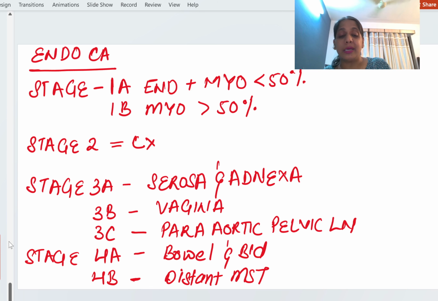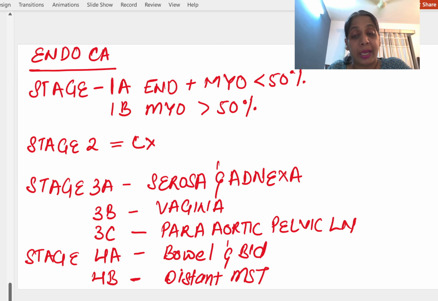Endometrial cancer staging. First, if it is limited to endometrium and myometrium, stage 1A is less than 50%. The mode of spread is direct spread, that is organ to organ. 1A is endometrium and half of the myometrium. 1B is myometrium more than 50% involved. Stage 2 is cervix.